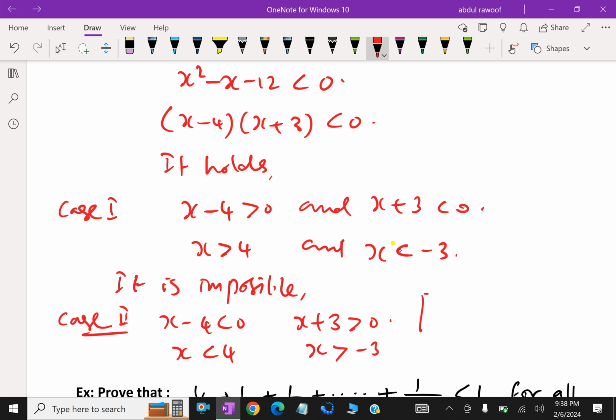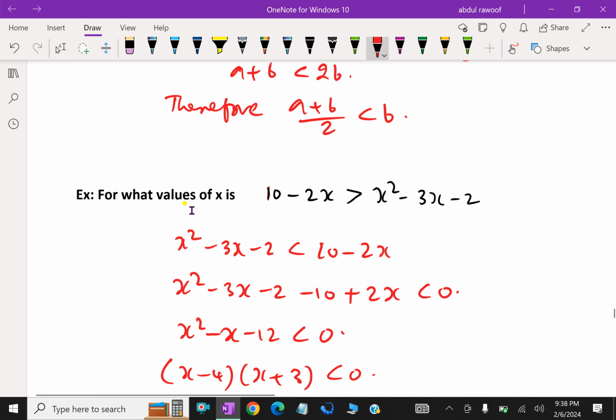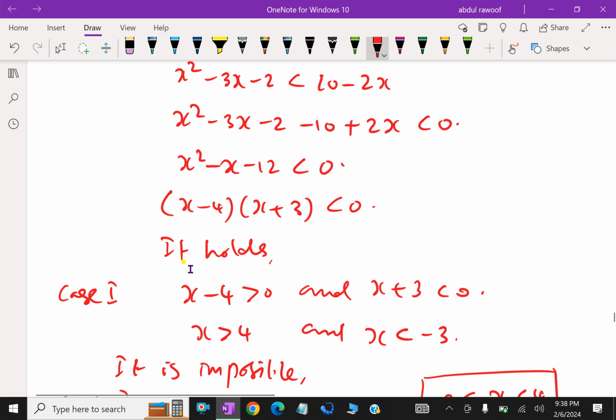So the general solution you can write x is greater than minus 3 and lesser than 4. That means this case 2 is possible here. That means x is greater than minus 3 and less than 4 is the solution of this expression.